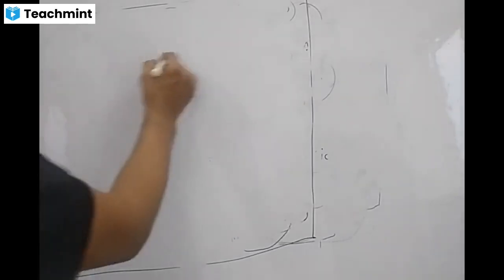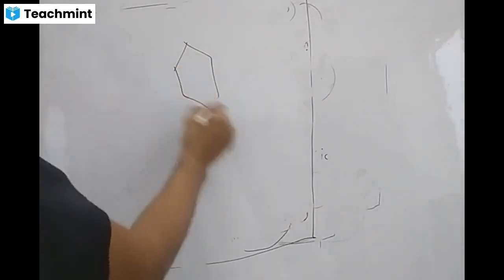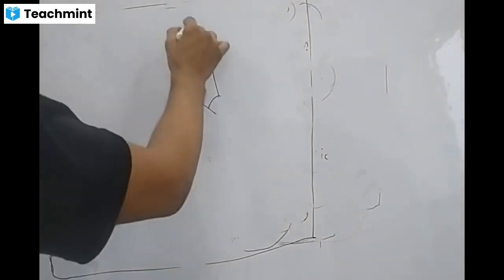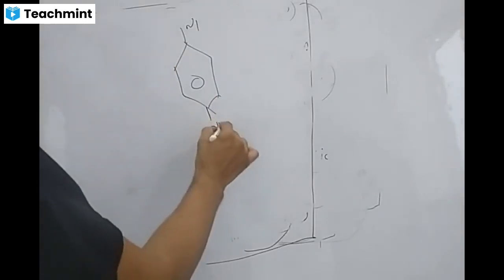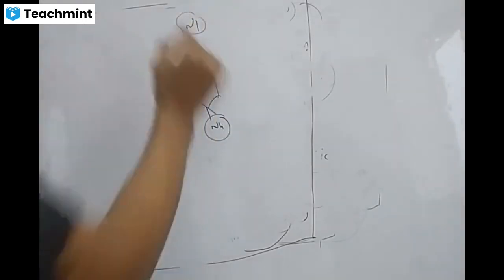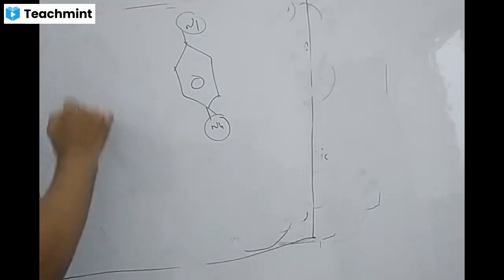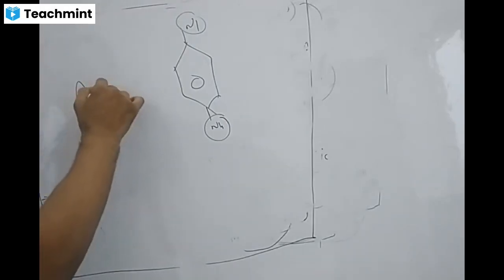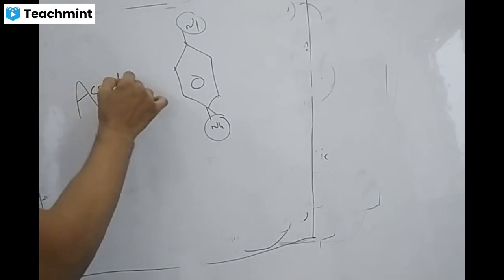Related with their structure, two important concepts are nitrogen 1 and nitrogen 4. The metabolism of sulfonamide is by acetylation.